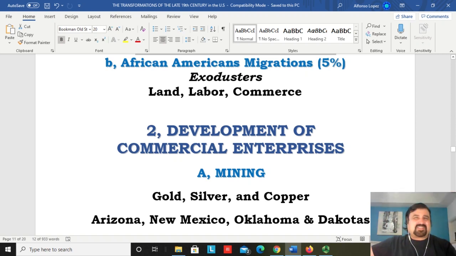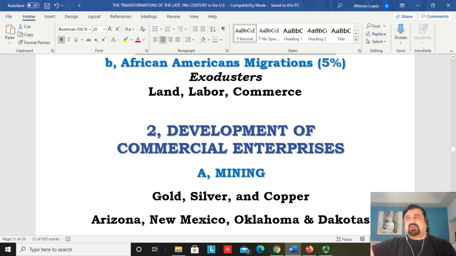We talked about that in session 1, many African Americans moving up north. 10% moved up north to the cities, but 5% of African Americans moved west. They also wanted opportunities in the West. They're trying their luck also to move westward, and many of them are actually moving there in search for land. In many cases, again, they also want to own their own land, start farming.